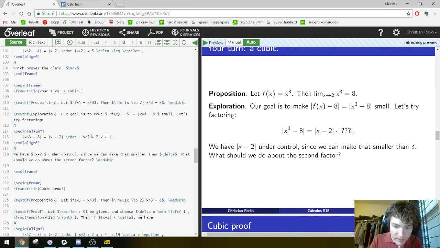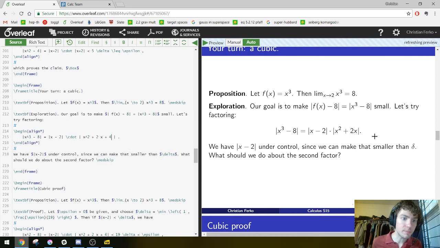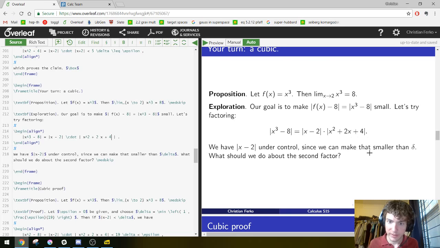Good. X squared plus 2x plus 4, because it's a cubed minus b cubed, so we have an a squared plus an ab plus a b squared. Yeah, exactly. So x squared plus 2x plus 4 is right.